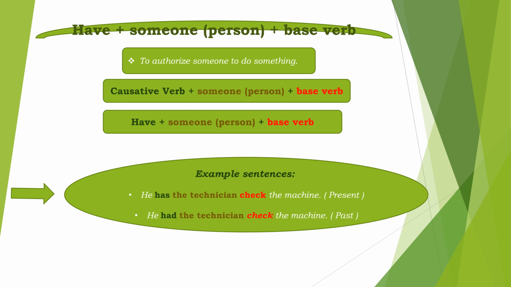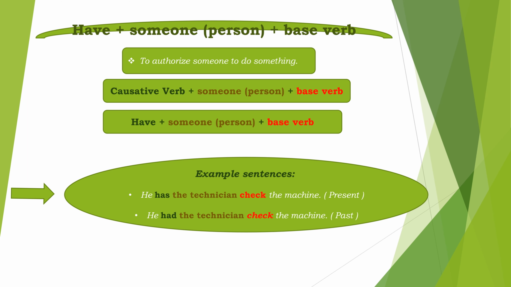It is in a present form. Let me tell you that we use all these causative verbs in any tenses. But due to a short of time, I cannot show you all those tenses. But once you get hold of how to use causative verb, you can use causative verb in any tense in any of your sentence.